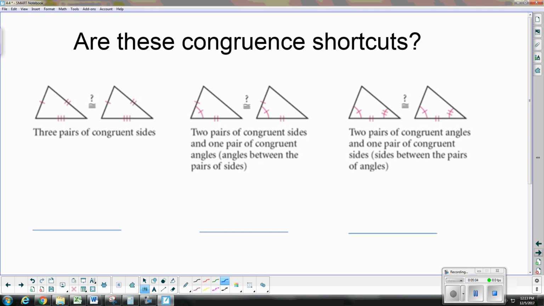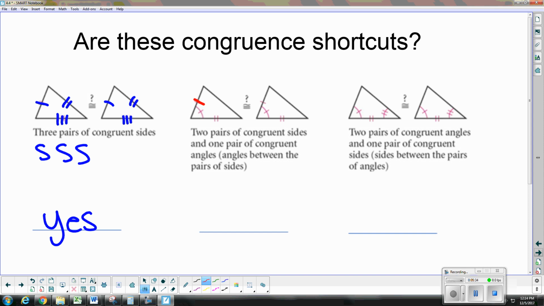Okay, so let's look at these. 3 pairs of congruent sides. So we've got 3 sides: 1 side here, 2 sides, and 3 sides. So that's side, side, side. Are those 2 triangles congruent? Yes, we just looked at that one. And then the second one, 2 pairs of congruent sides.